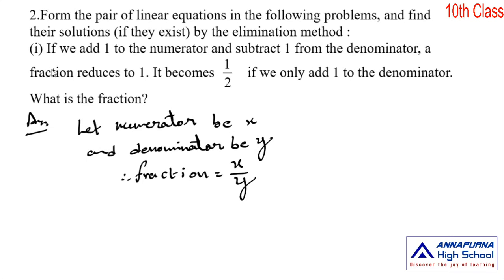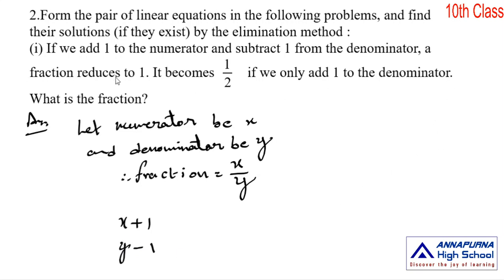Okay, so now observe the given question and see the first condition. Here, what is the first condition? If we add 1 to the numerator and subtract 1 from the denominator. We add 1 to the numerator. Here the numerator is x. If you add 1 to this numerator, it's x plus 1. And subtract 1 from the denominator. Here what is the denominator? y is the denominator, and you subtract 1 from this denominator, then it changes to y minus 1.